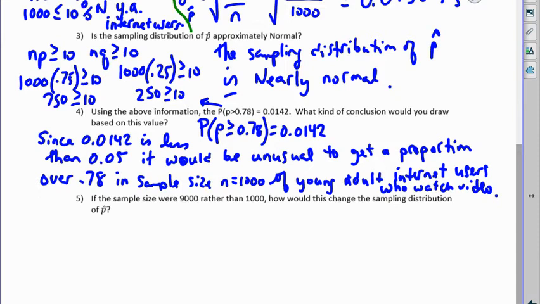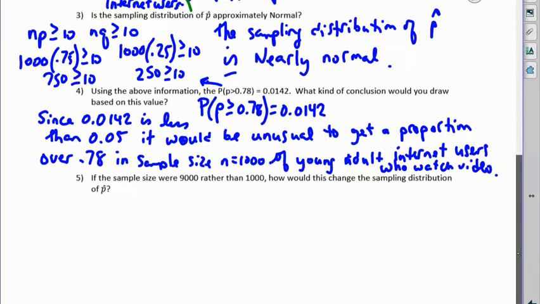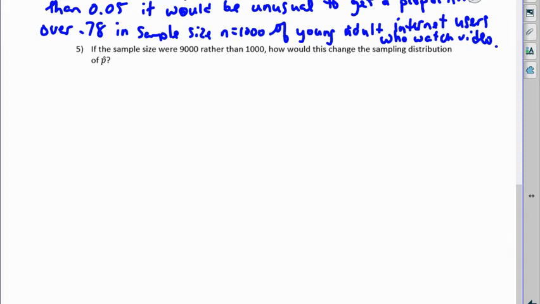Okay, if the sample size were 9,000 rather than 1,000, would this change the sampling distribution of p hat? What would it do to the center? That would stay the same.